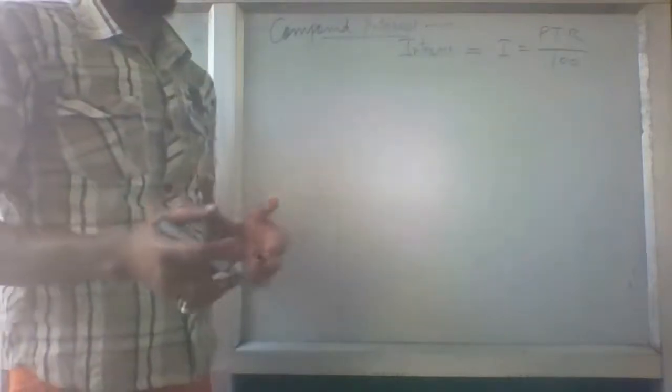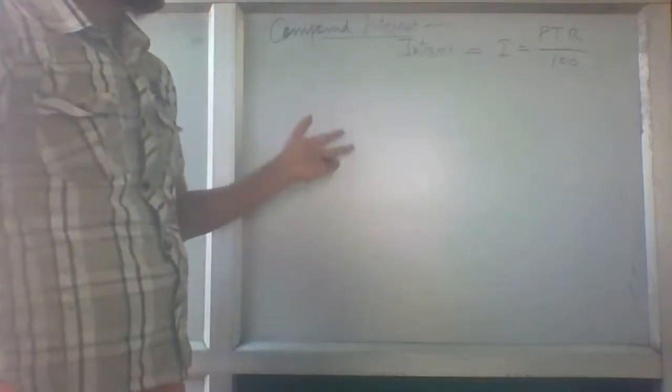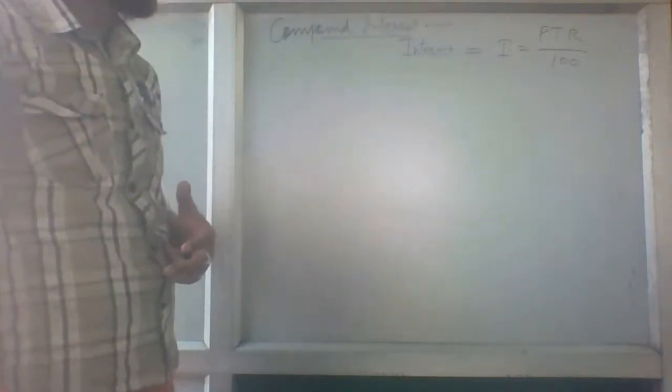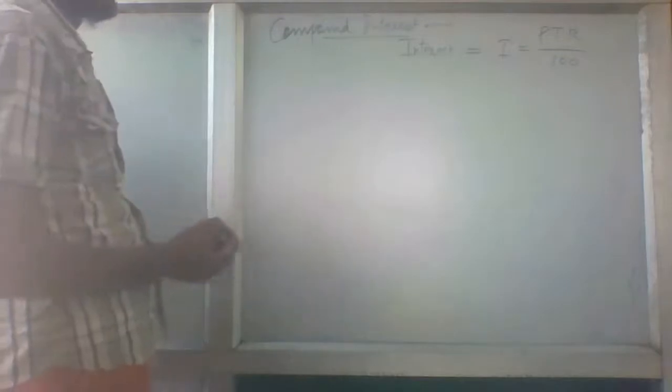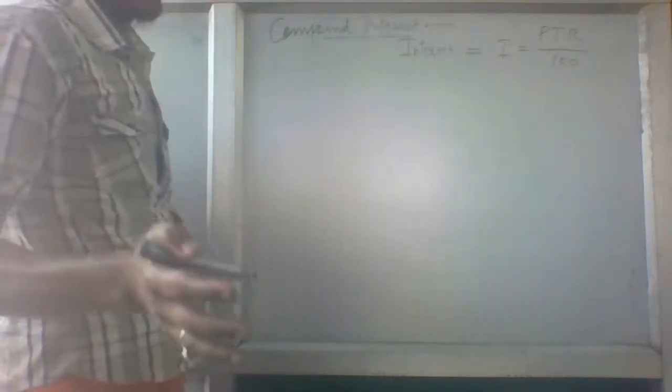For understanding, the value of the mathematical calculations as a result of using this formula is very interesting and must be known by each and every student. What's that? I am writing a question over here and I will solve it using both the simple interest and the compound interest formulas.